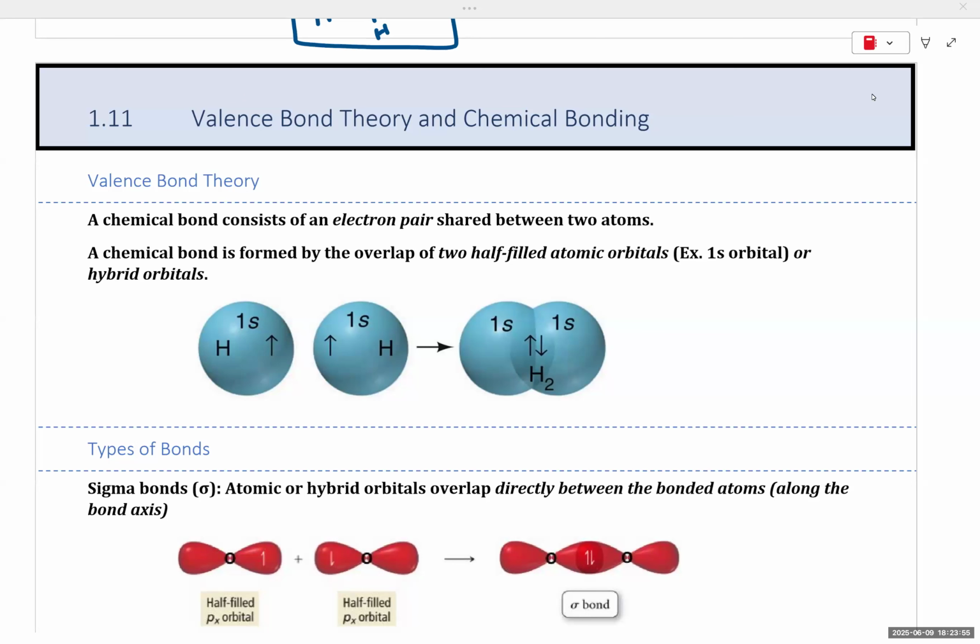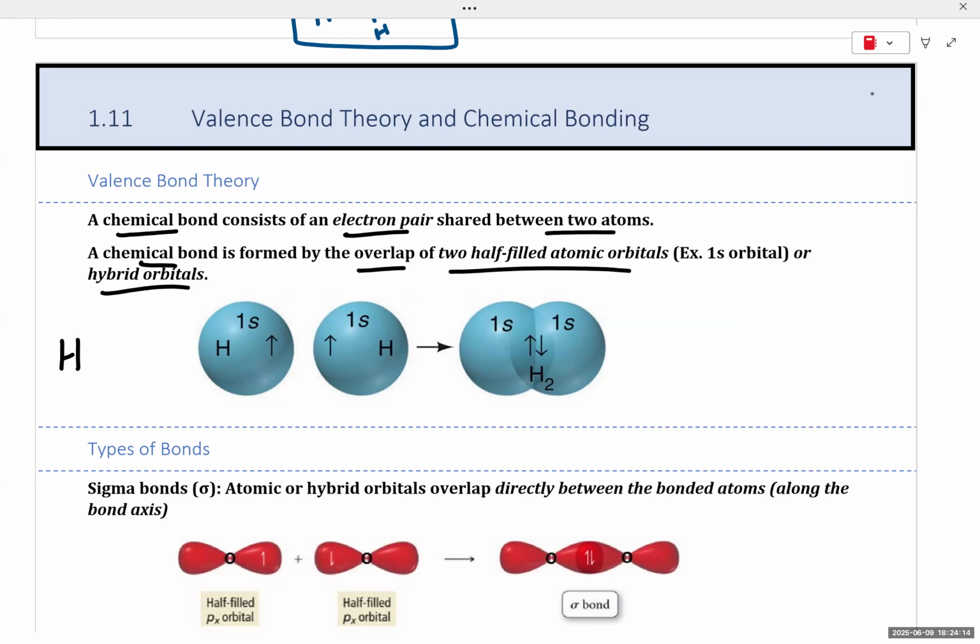Well, valence bond theory is the idea that a chemical bond consists of an electron pair shared between two atoms. And a chemical bond is formed by the overlap of two half-filled atomic orbitals or hybrid orbitals.